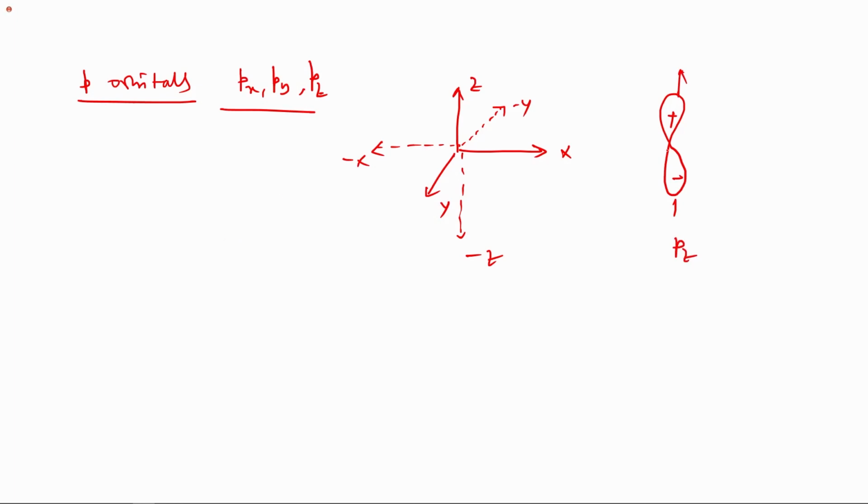Now the px orbital. The px orbital is horizontal. So it is a px orbital. Another is a py orbital. So this is a py orbital. This is the pz orbital, this is the px orbital, this is the py orbital.